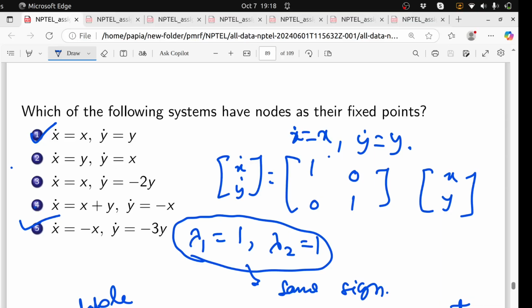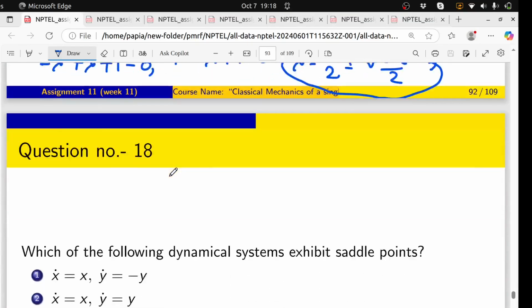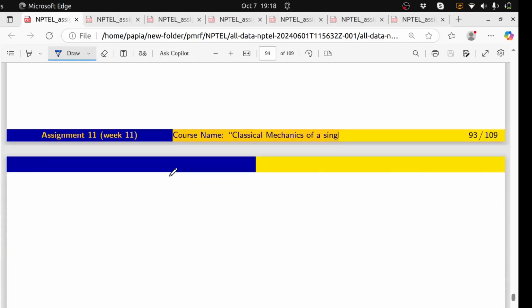Okay. Yeah. So now coming to the 18th question. Which of the following dynamical systems exhibit saddle points? Okay, so what are the saddle points?